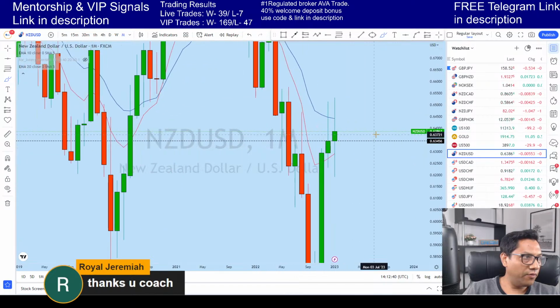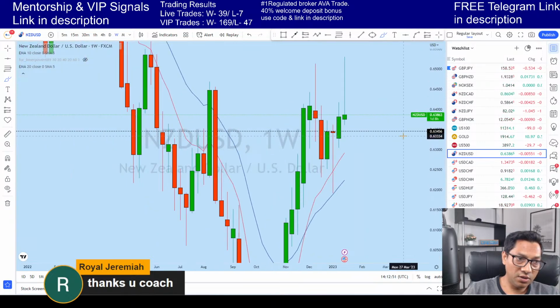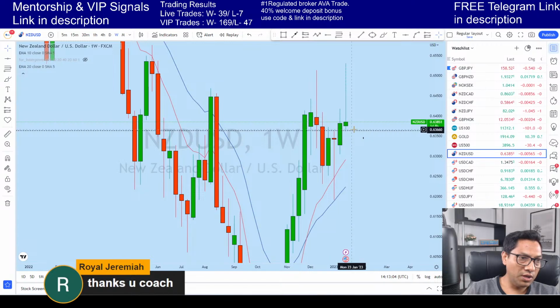Now for me, the best place to open a good buy position is when the price tests this level. Looking at the weekly perspective, this is the weekly candle, which is almost at a level of support, and in line with weekly price action on NZD/USD, we can expect this price to go ahead and test this previous support as a support here.